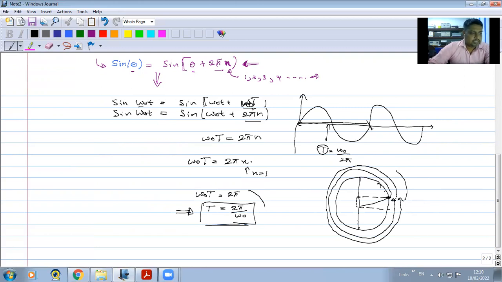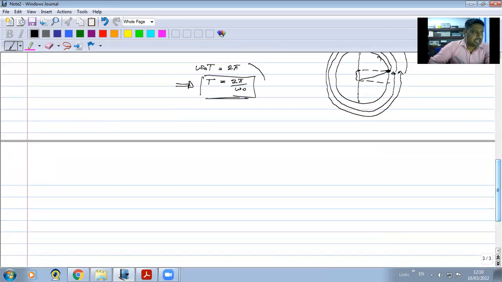So this T is the time taken for this point to travel one complete circle.